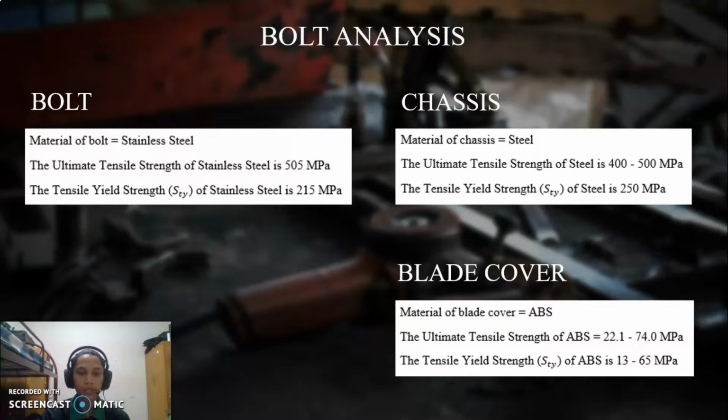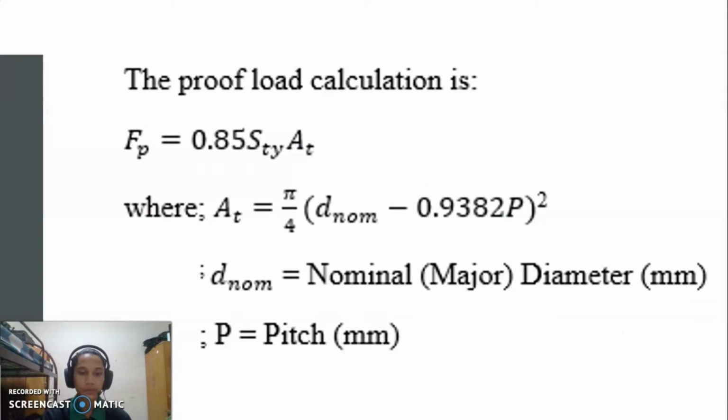The ultimate tensile strengths for stainless steel, steel, and ABS are 505 MPa, 400 to 500 MPa, and 22.1 to 74 MPa, while the tensile yield strengths are 215 MPa, 250 MPa, and 13 to 65 MPa respectively.